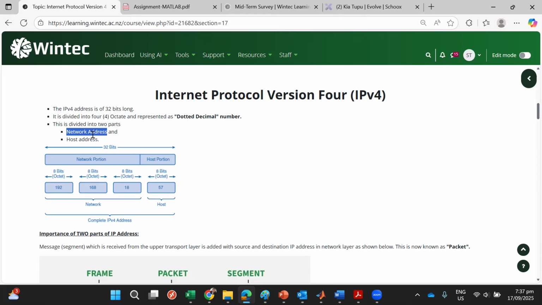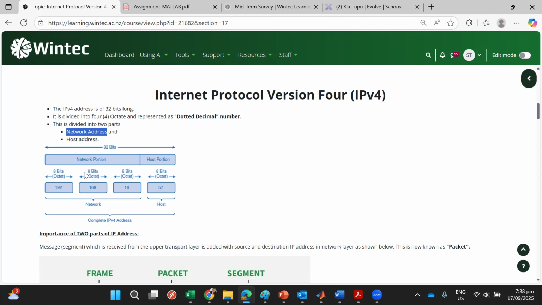That means if the network portions of both host addresses are the same, they belong to the same network. And if the network portion is different between the sender and the receiver, then they are different networks. So based on this, you need to direct your message.